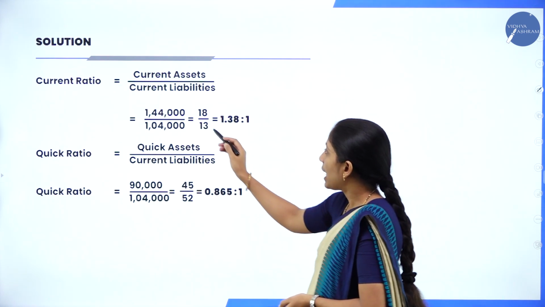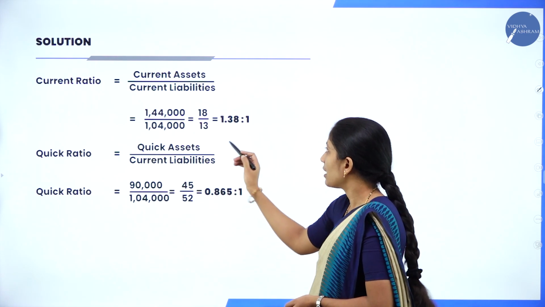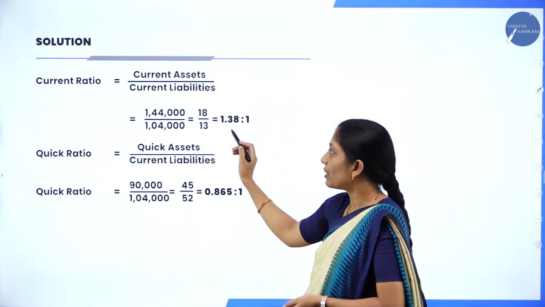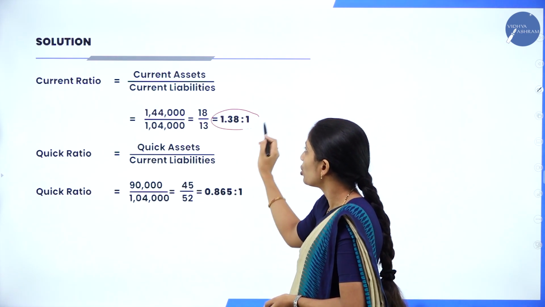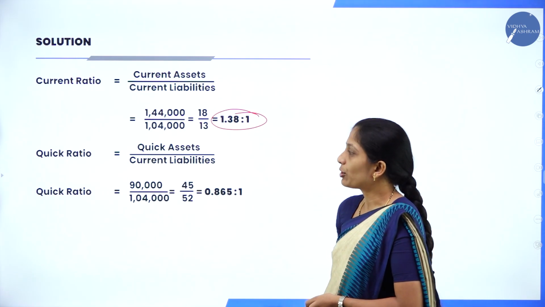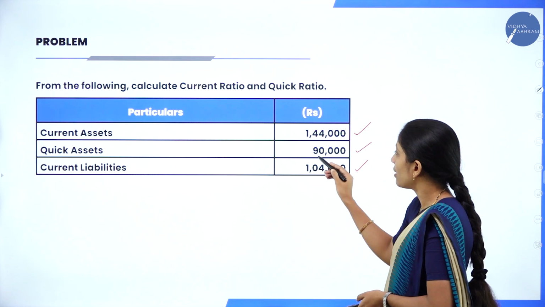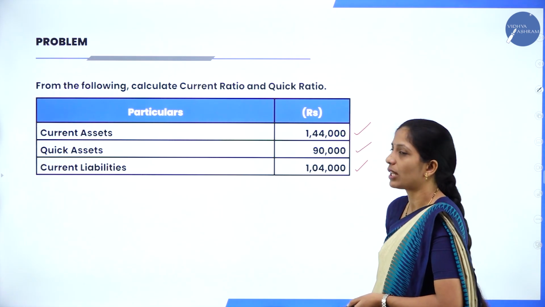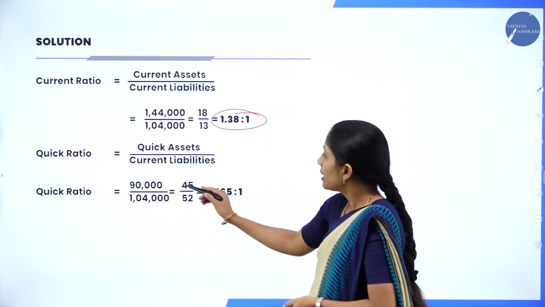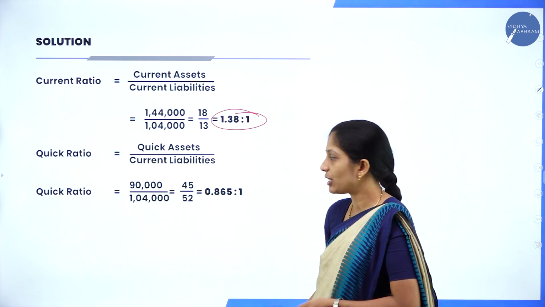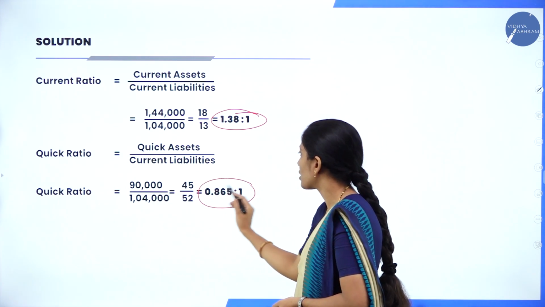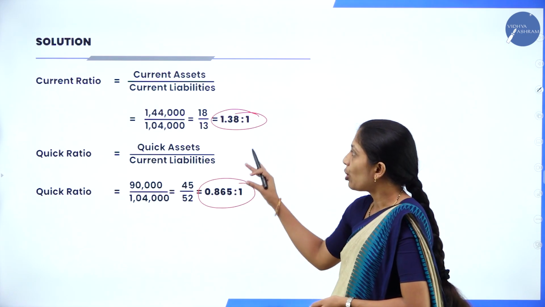How much will you get? 18 divided by 13. If you calculate that, it will be 1.38:1. Now coming to quick ratio, your formula is quick assets 90,000 divided by current liabilities 1,04,000. How much will you get? That is 45 divided by 52, 0.865:1. So hope you are clear.